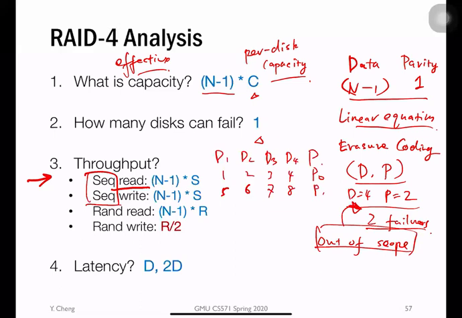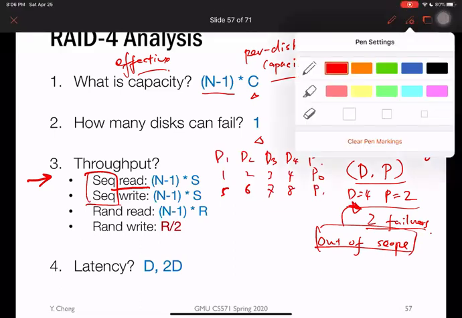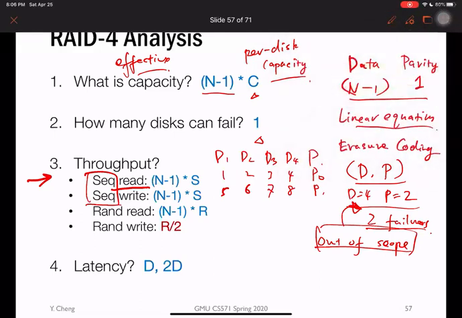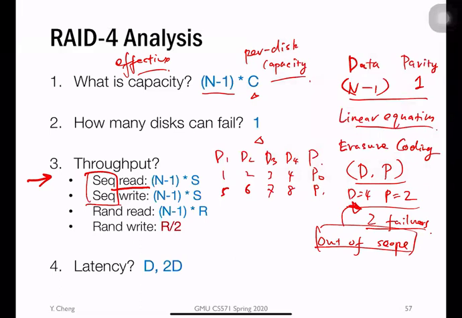What this optimization does is it applies the sequential writes at one time, and then you calculate the updated parity data afterwards. So the overhead of calculation is amortized. That is why it's n minus 1 times S.